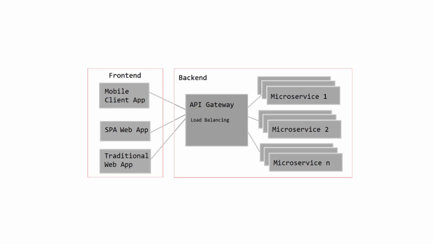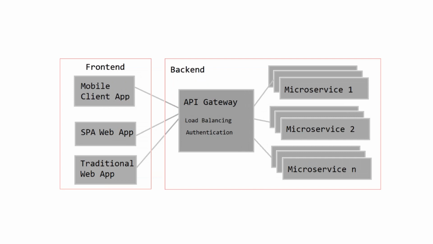This API gateway is a single point of entry to our application, so we can also implement security within this API gateway. Instead of implementing security in all the microservices, we can just implement the security here so that all the incoming requests will be authenticated and authorized by this API gateway. So only the authenticated user requests will be reaching the microservices at the backend.